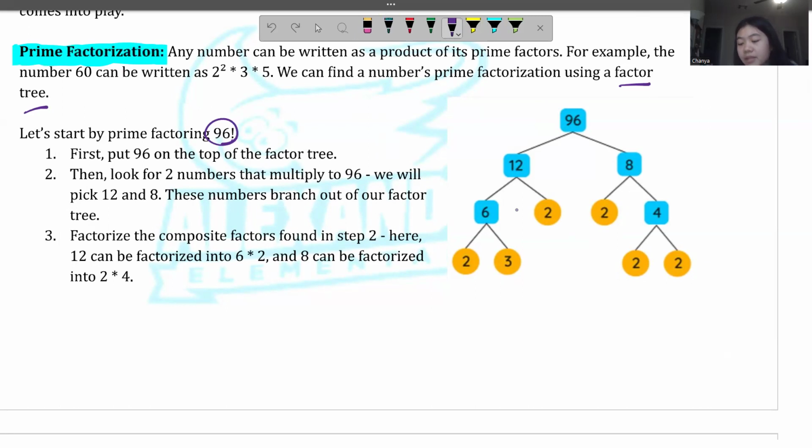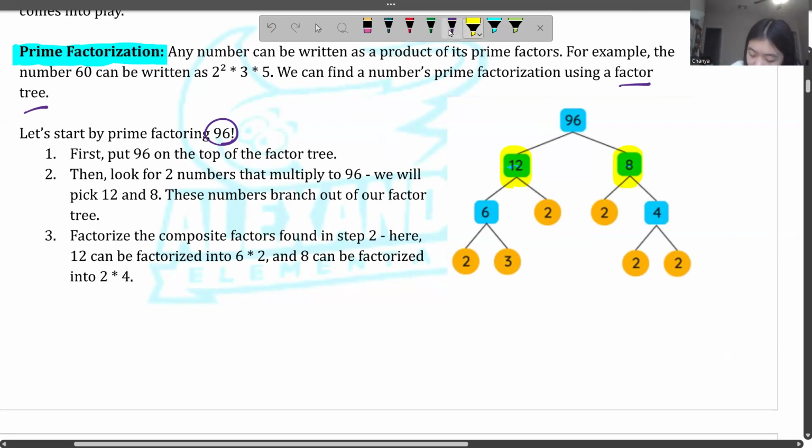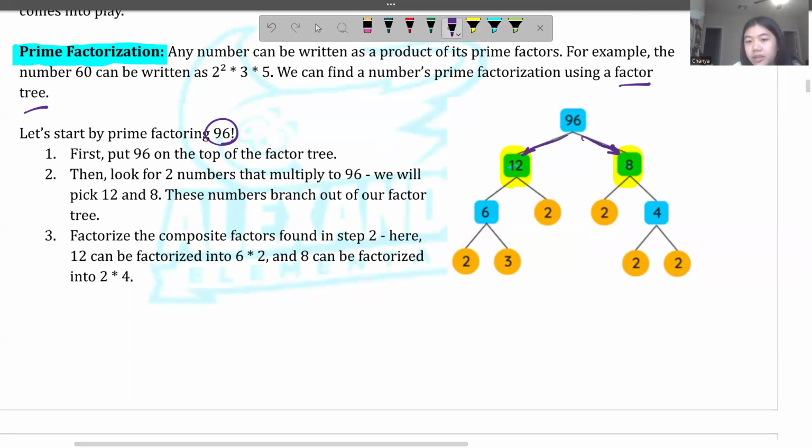In this case, we chose 12 and 8 because 12 times 8 is 96. Again, any two numbers will work. This is just the one we chose. Then we draw branches off of 96 to the two numbers that multiply to it.